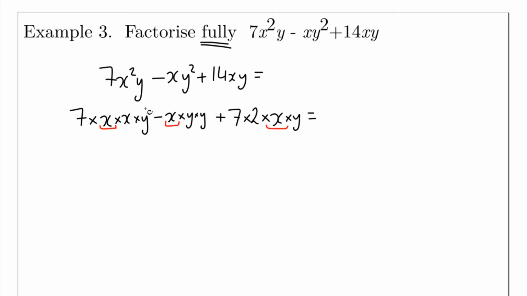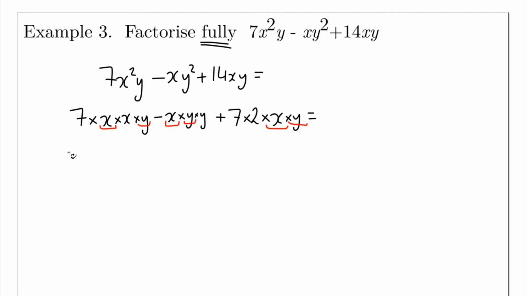We have another x here, but we don't have another x in the other terms, so this second x is not common to all three terms. And finally y. We have the y here, here, and here, so y is a second common factor.